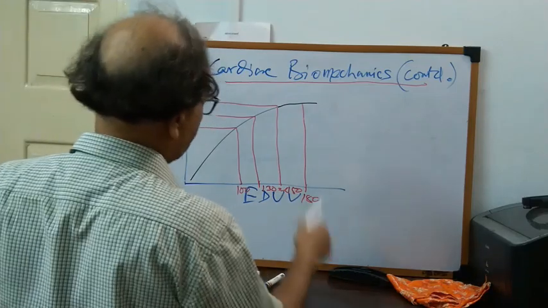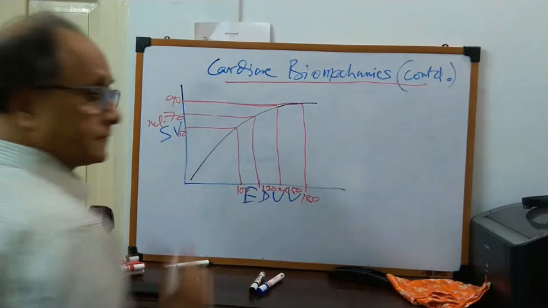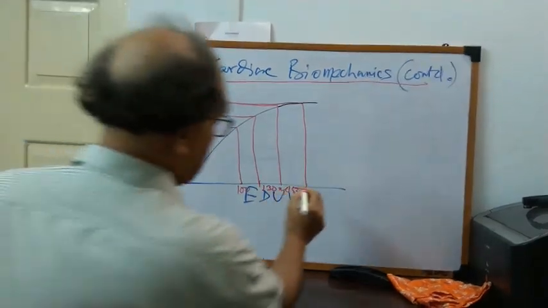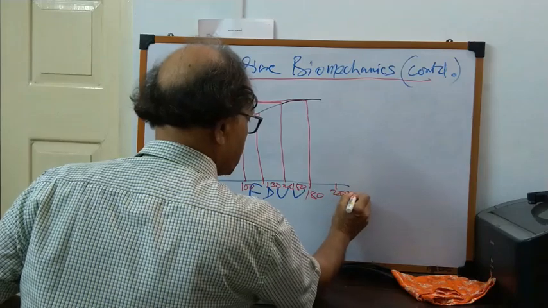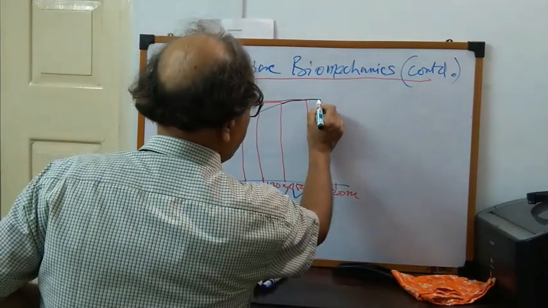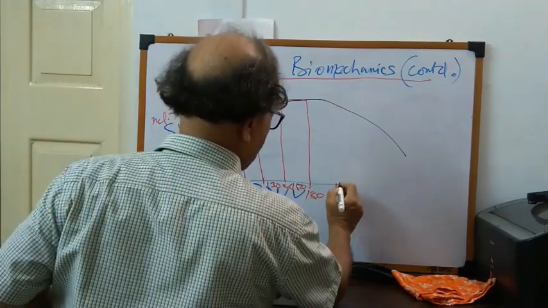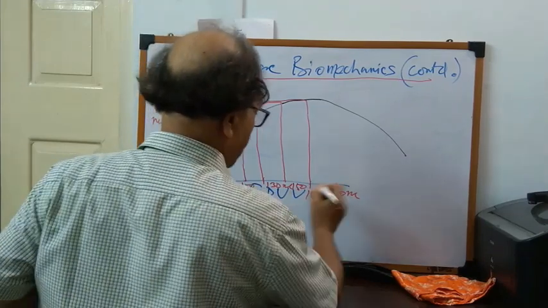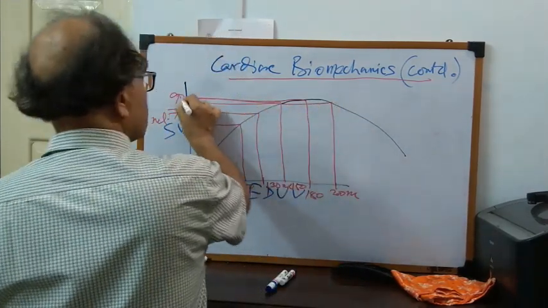So if it operates in the plateau level, the stroke volume will not increase. Suppose now the end diastolic ventricular volume becomes 200 ml. Now it will act on the descending limb. Now the stroke volume will fall.